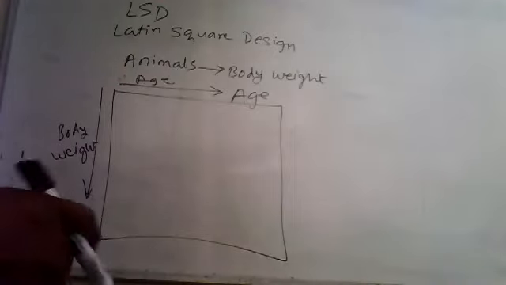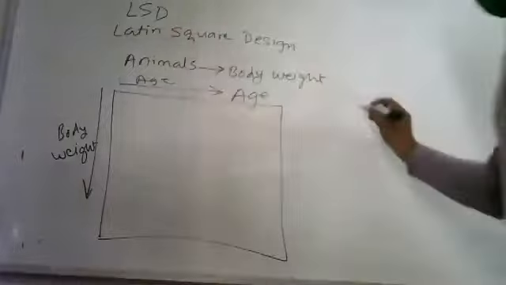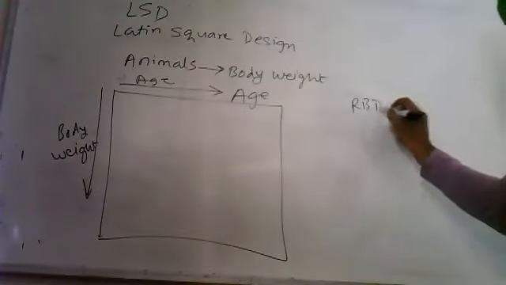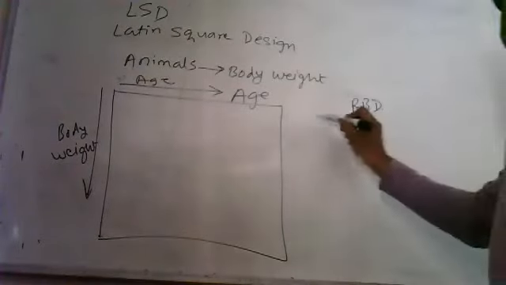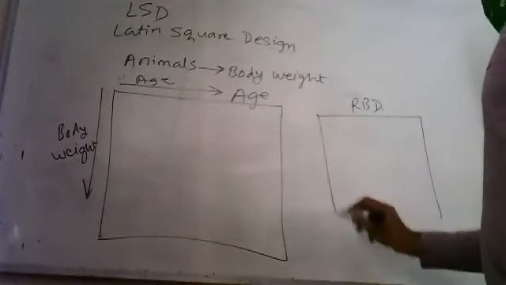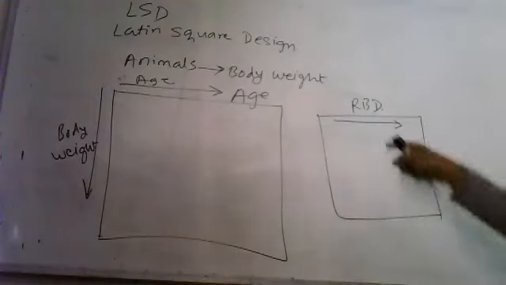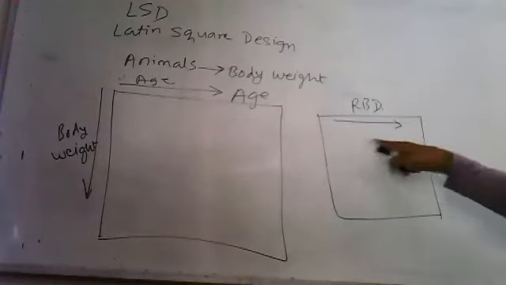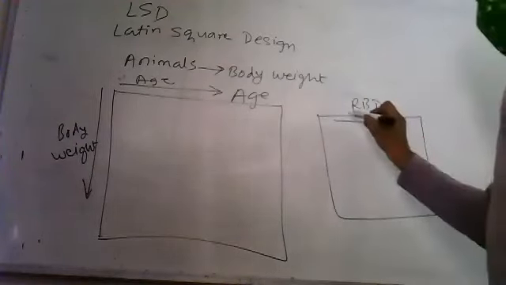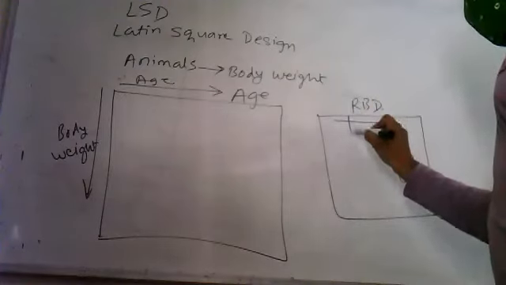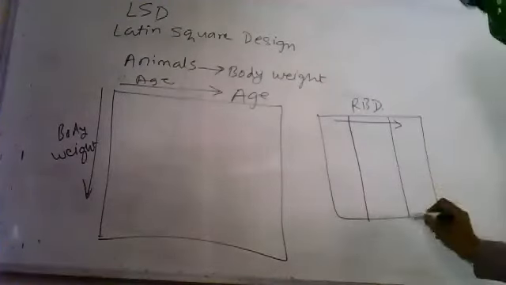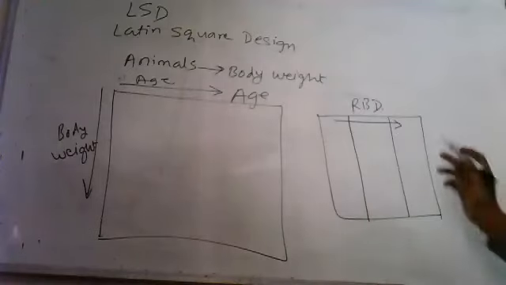So now we have seen that in RBD design, we are preparing the replication. Suppose fertility gradient is in this direction. Fertility gradient ये direction में move होता है, एक ही direction. तो हम क्या करते हैं? We are preparing replications perpendicular to the fertility gradient. ठीक है?